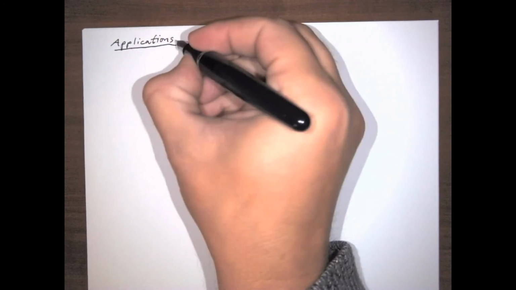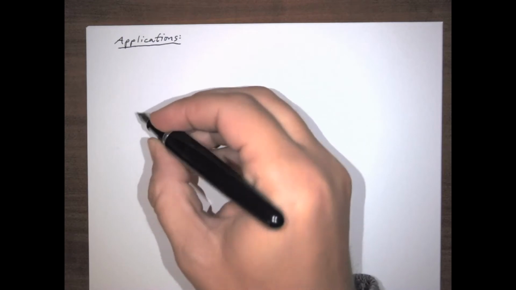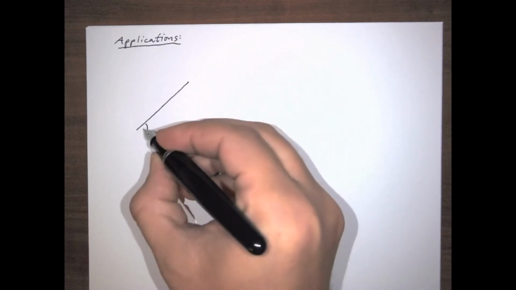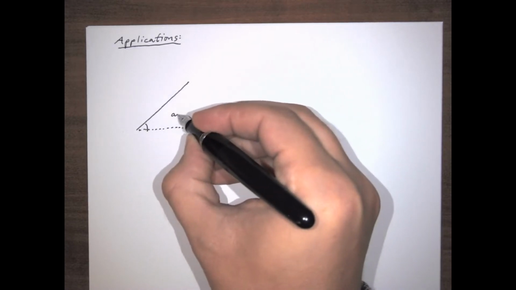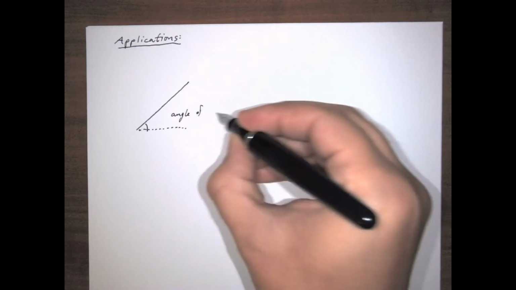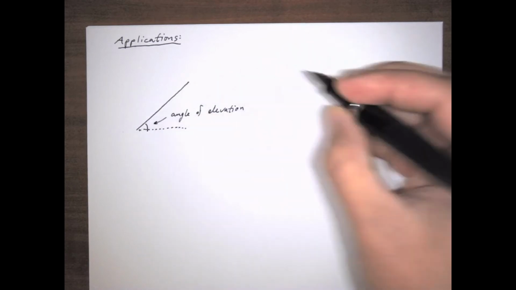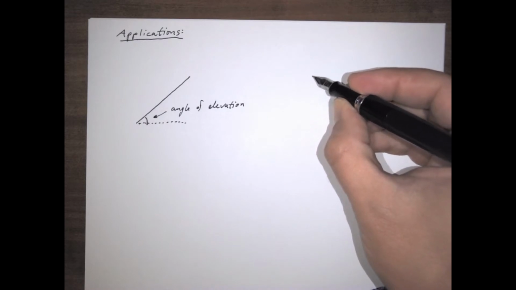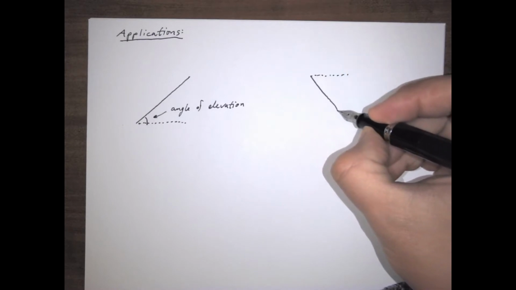So first, if we are looking up at something, which is a common way of measuring a height in surveying, then the angle from our line of sight to the object relative to the ground here is called the angle of elevation. And then if, on the other hand, we're looking down, like let's say we're looking into the Grand Canyon or something like that, and we're looking down at something, we call that the angle of depression.